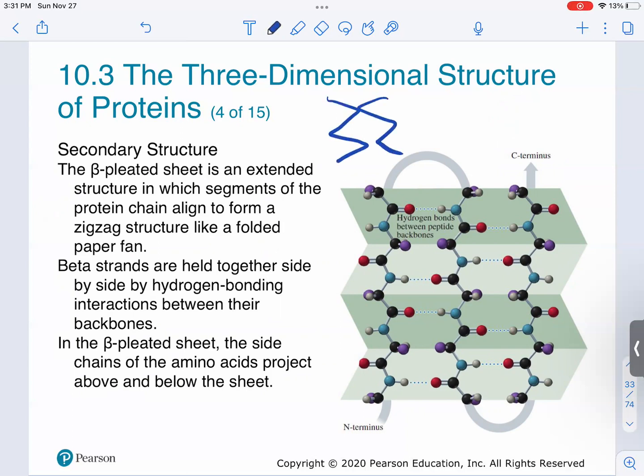So these strands are going to stick together side by side, attracted to each other through the hydrogen bonding or attractions between the backbones. So here you're going to have those side chains going above and below the sheet. So still projecting outward, above and below the sheets.